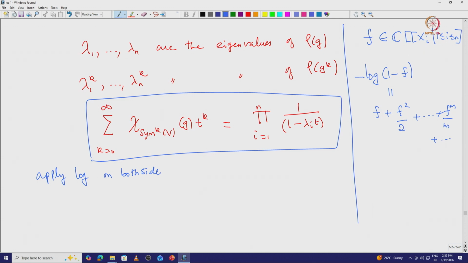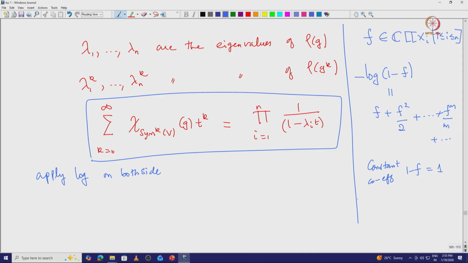So, maybe we can just assume that we want 1 minus f to start with 1. Okay. The constant coefficient of 1 minus f should be 1.